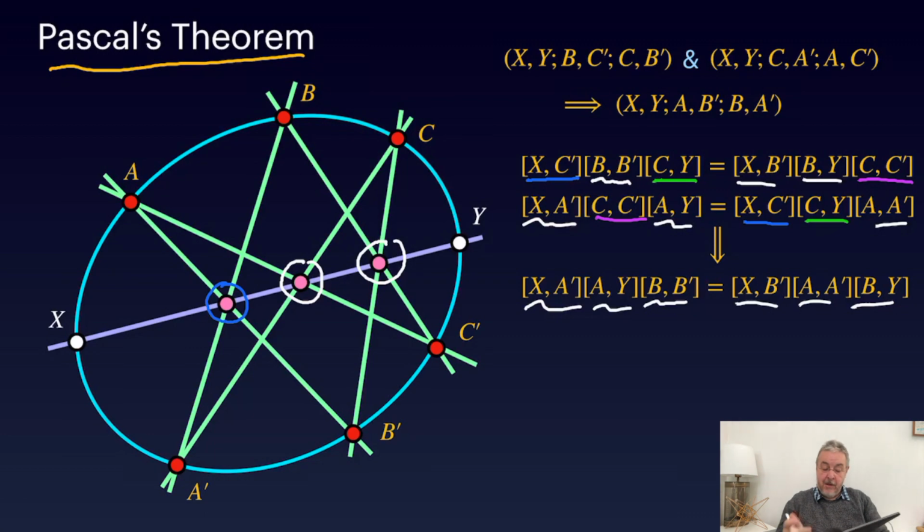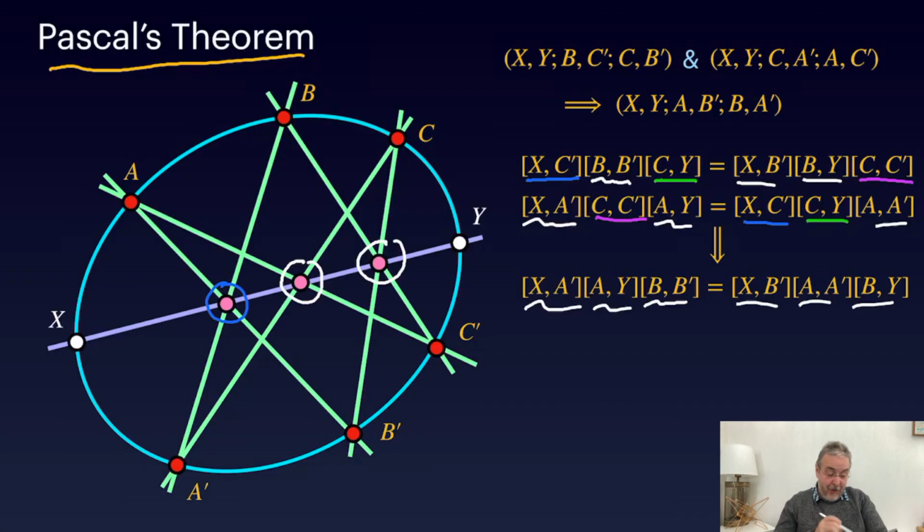So you see, if you have those two equations, multiply them together, cancel out. Being able to cancel out is a non-degeneracy condition, and then you derive the last quadset relation, which proves Pascal's theorem. So we ended up with a very, very elegant proof of Pascal's theorem.